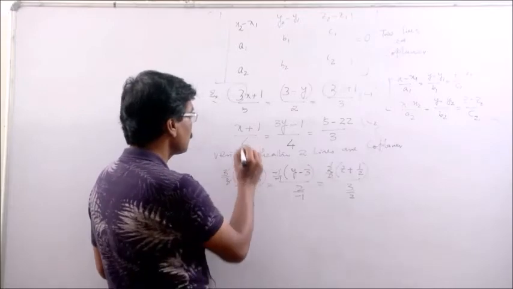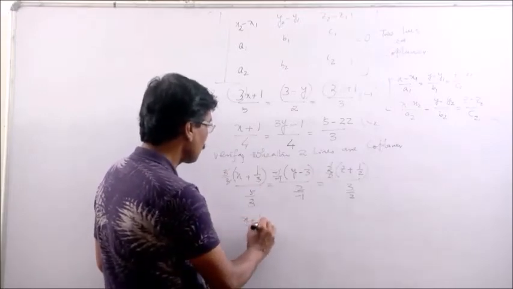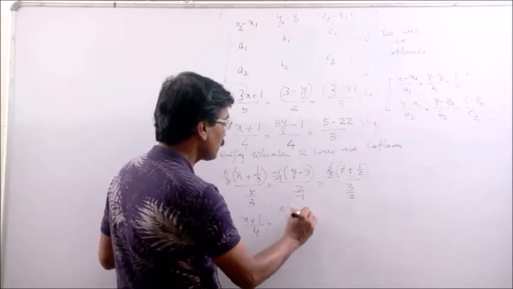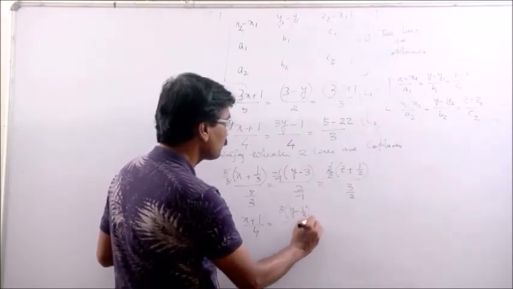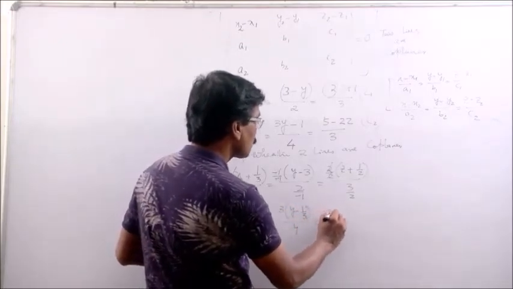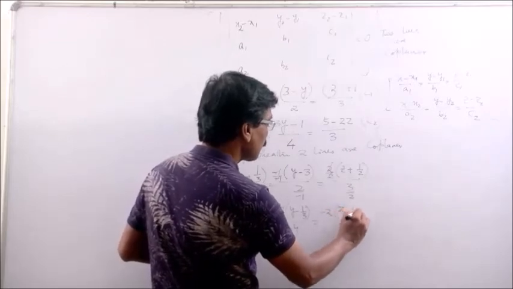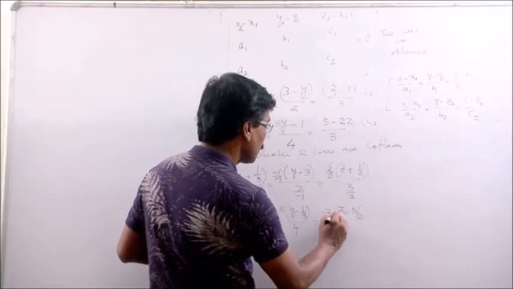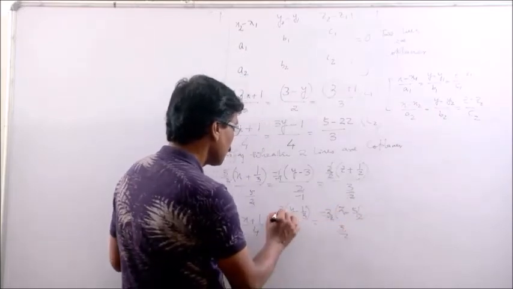The second line is (x + 1)/4 = 3(y minus 1/3)/4 = minus 2(z minus 5/2)/3, then dividing by 3 and minus 2.